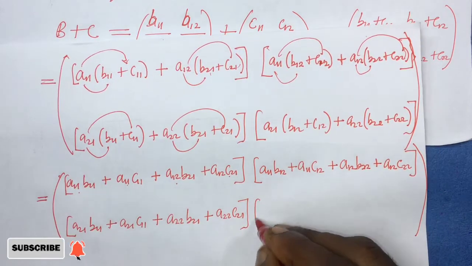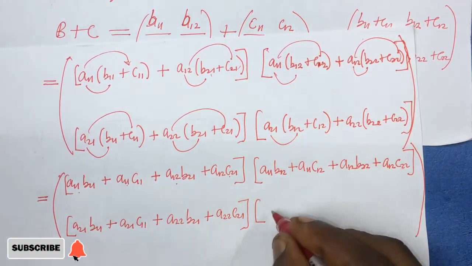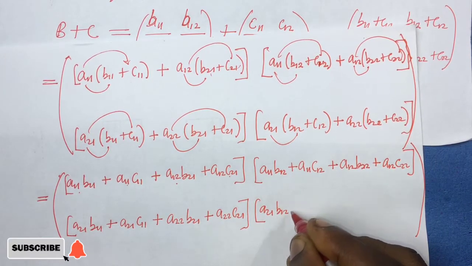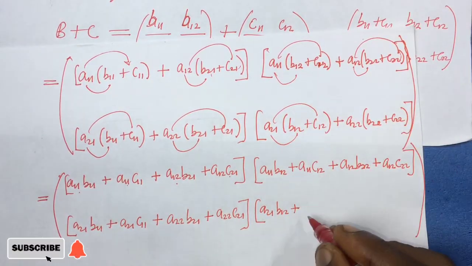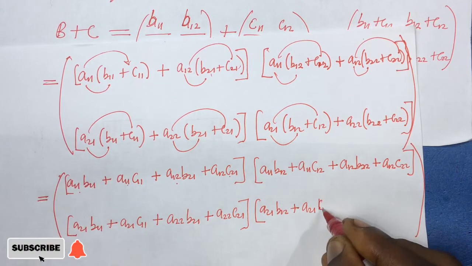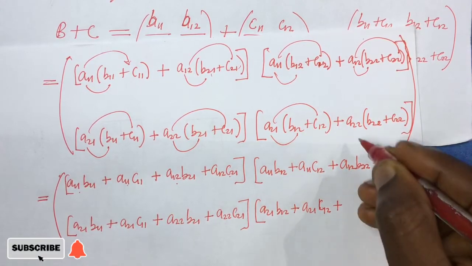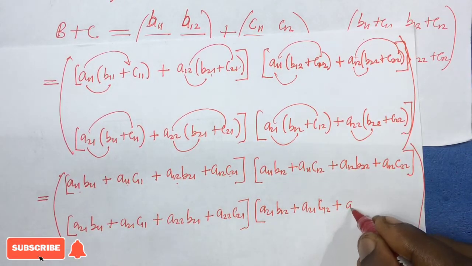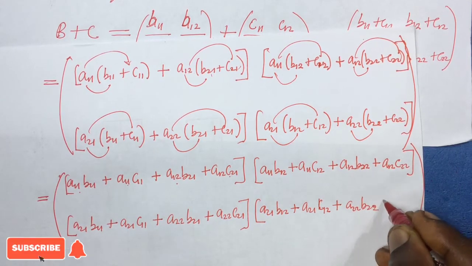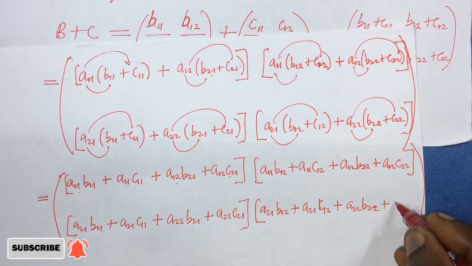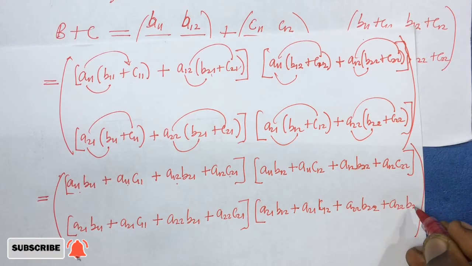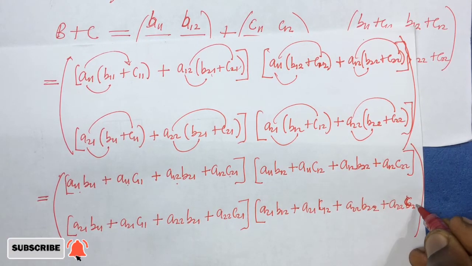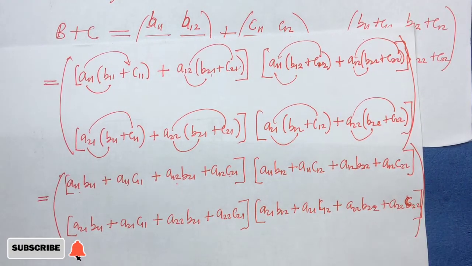Now if you go to the next one, you have A21 B12, plus A21 C12, plus A22 B22, plus A22 C22, okay, and that closes this bracket.